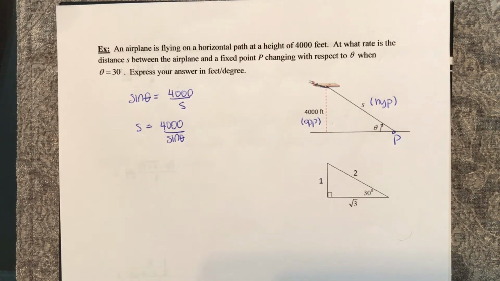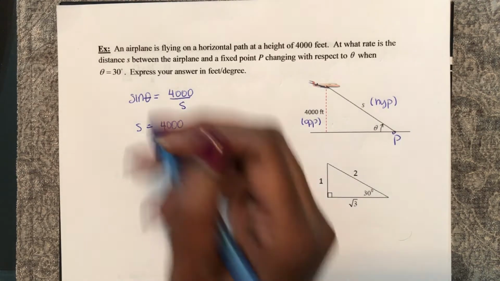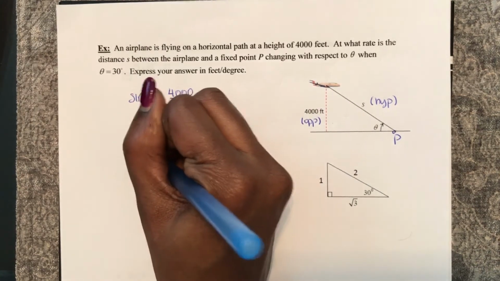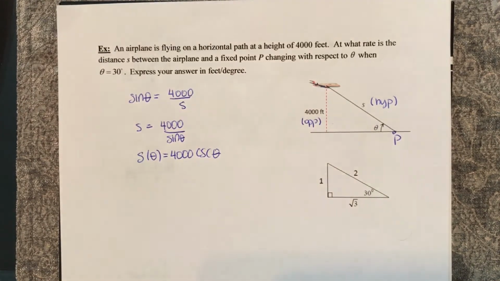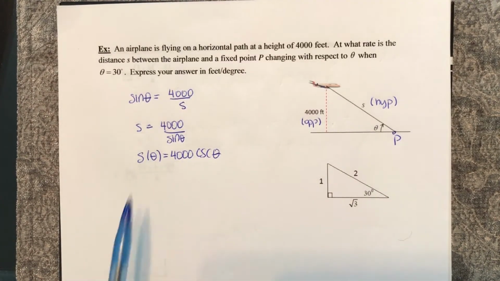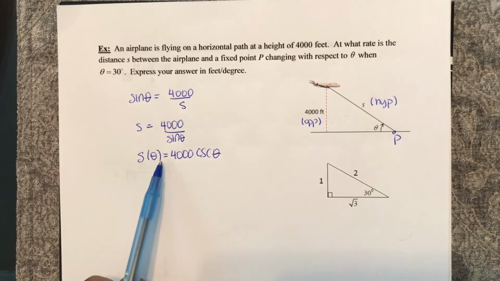We usually use a reciprocal trig function there. The reciprocal of sine is cosecant. So this is really 4,000 cosecant theta.